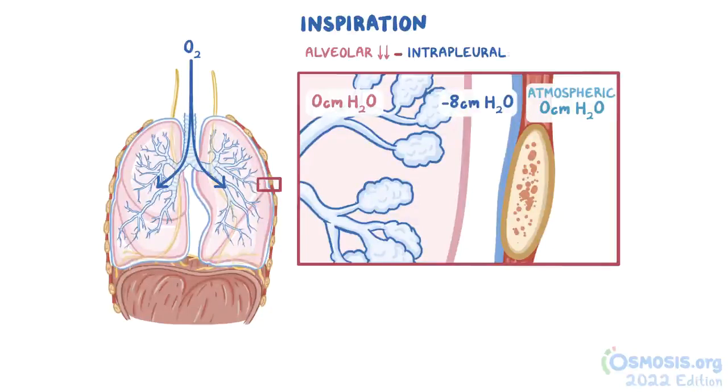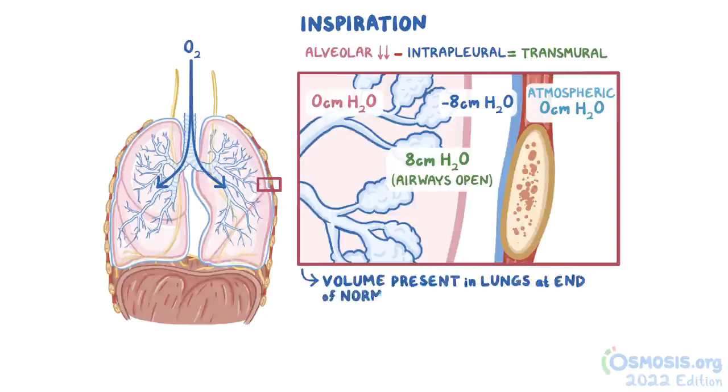That means that the transmural pressure remains positive at a value of 8 centimeters of water, and the airways stay open. Thus, the volume present in the lungs at the end of normal inspiration is the sum of the one tidal volume and the volume of air left in the lungs at the end of the previous expiration, called the functional residual capacity, or FRC.